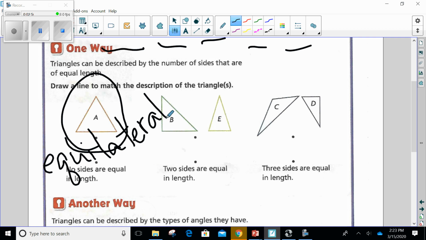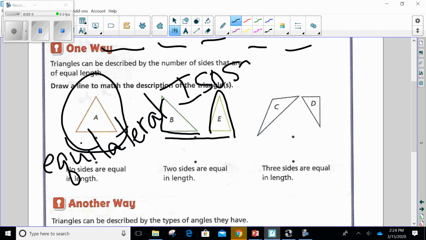Okay, over here we have triangles that have two sides that are the same length. Okay, so we have this side and this side that's the same length. We have this side and this side that are the same length. Those are called isosceles triangles, when two sides are the same length. Isosceles triangles.